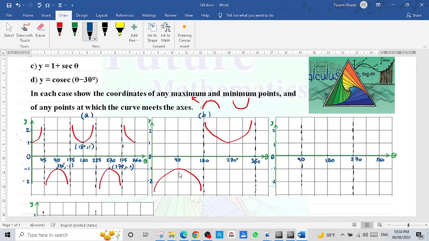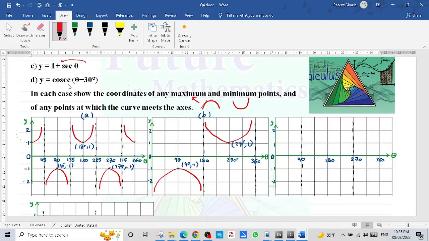We don't have intersection with the axis, but this point is the maximum point, which is 90 and -1, and this point is the minimum point, 270 degrees and 1.